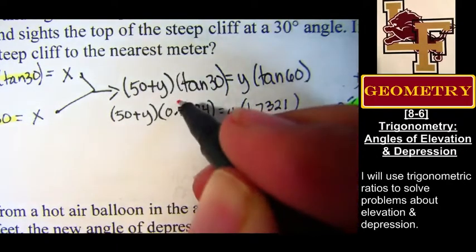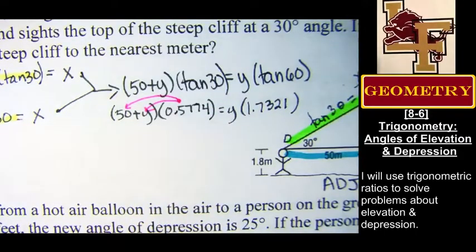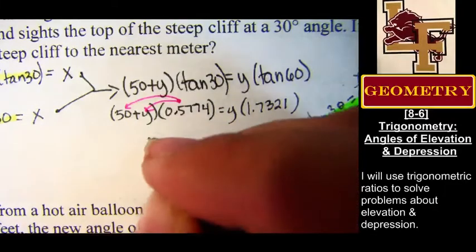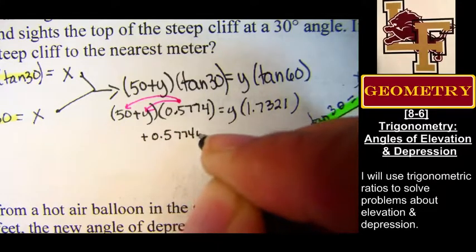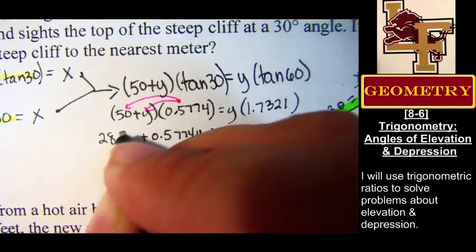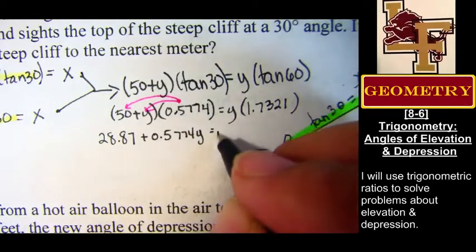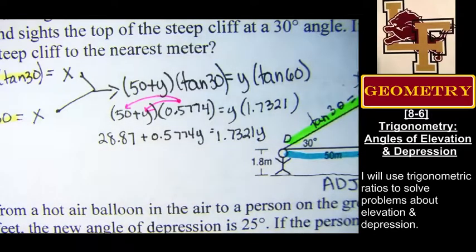I can distribute. I'm going to need help with 50 times 0.5, whatever. 28.87. Combine like terms.